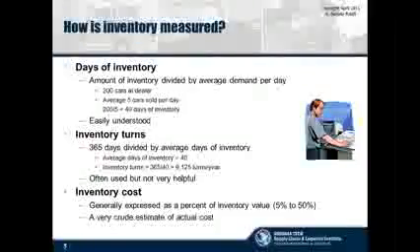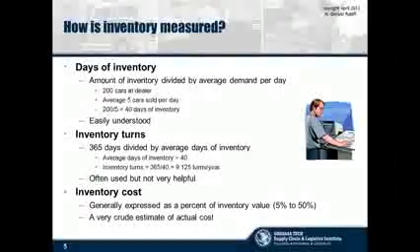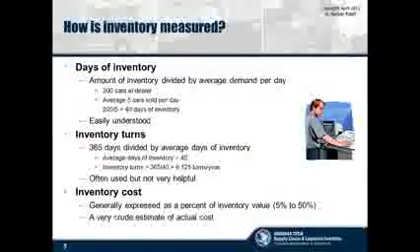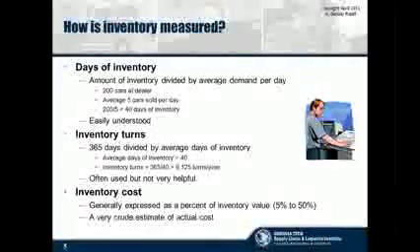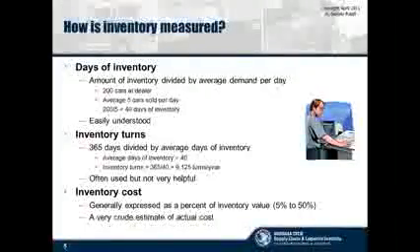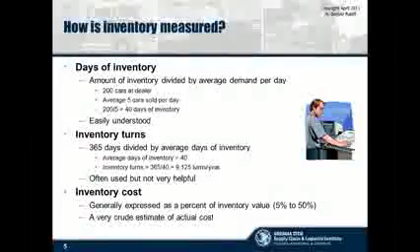Now, there's a variety of problems with the way we try to estimate inventory cost. One is that it varies a lot, typically from 5% to 50%. And second, it's a very crude estimate of what the actual cost is.